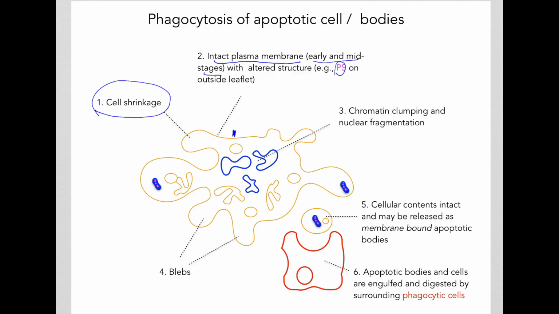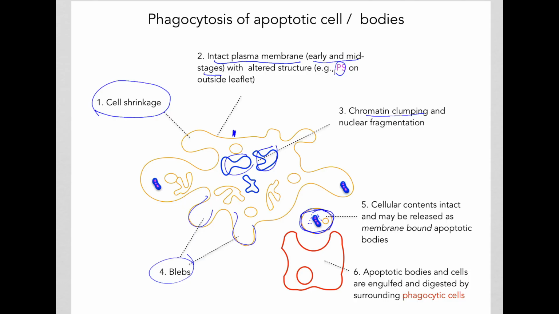Then we see chromatin clumping, the fragmentation of the nucleus. We see a lot of formation of apoptotic bodies. So these are debris that are surrounded by a membrane. Okay, so apoptotic bodies. And then we see also a lot of blebs. See the bleb formation as we discussed.